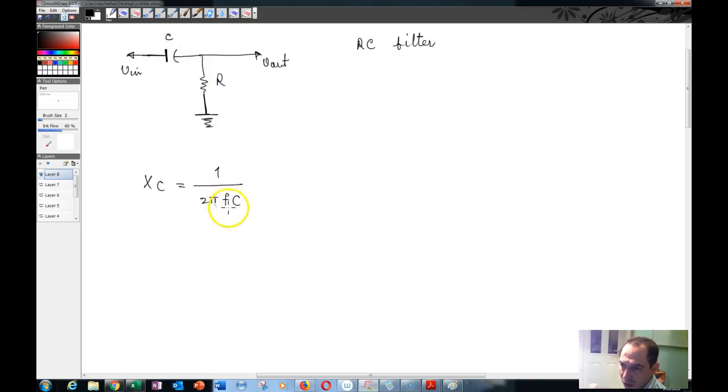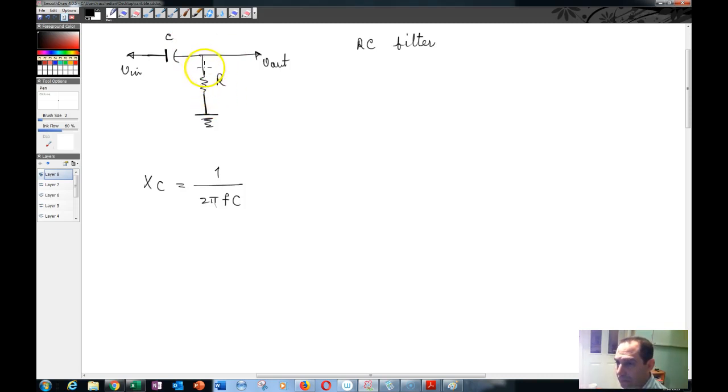The higher your frequency, the lower your reactance, because the frequency is in the denominator. So as you increase your frequency, the reactance of this capacitor decreases, the voltage drop across the capacitor is going to decrease, and so with that, the voltage drop across the resistor has to increase.